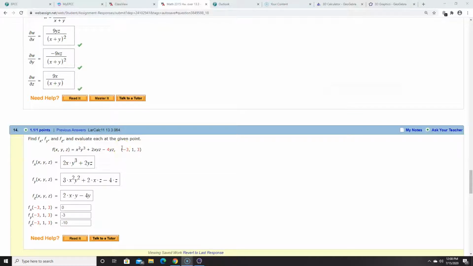So this could be changed to w equals all of this. And so now this is a function of 3 variables, which we're not going to be able to graph, but we can still find the partial derivative with respect to x, another with respect to y, and another with respect to z.